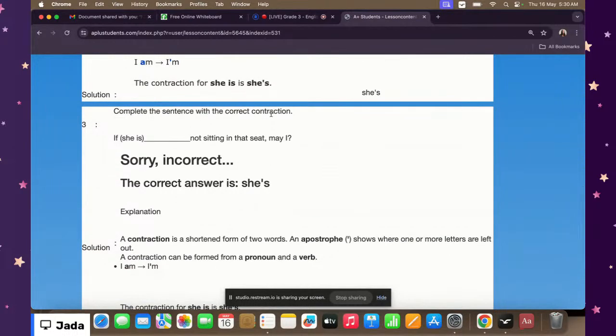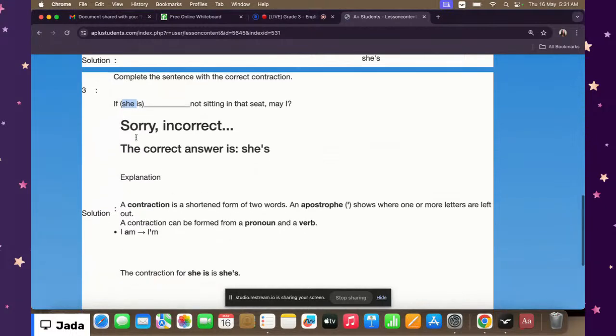Complete the sentence with the correct contraction. If she is not sitting in that seat, may I? She is also. So you would write the shorter version of she is.